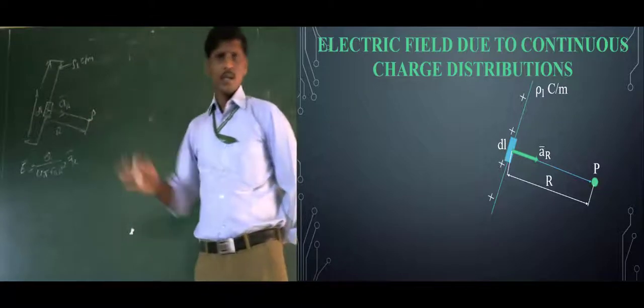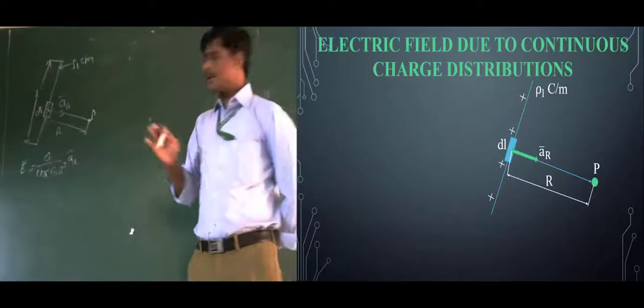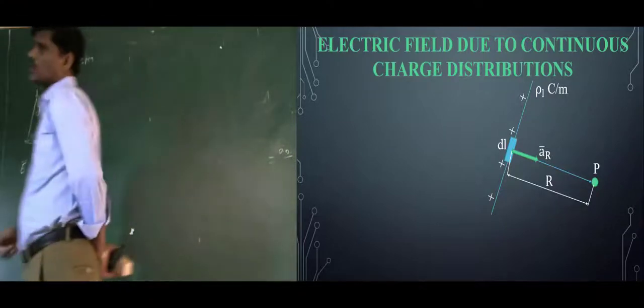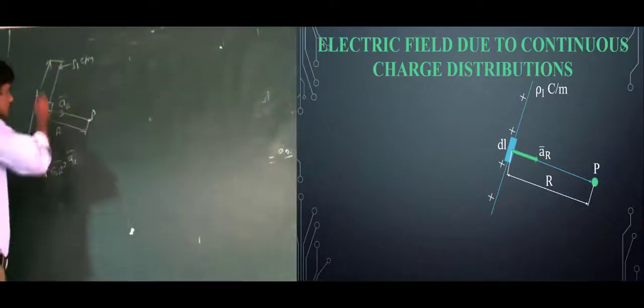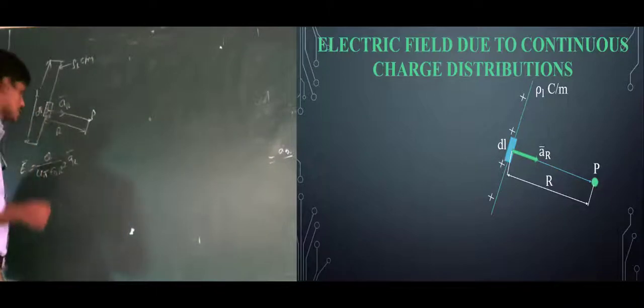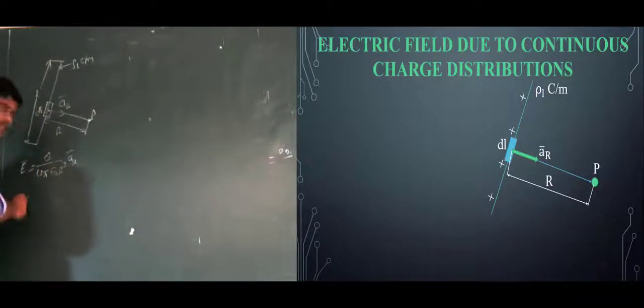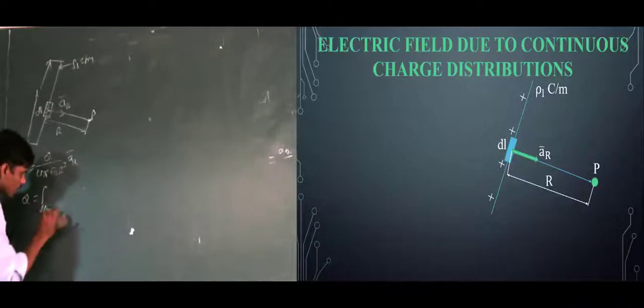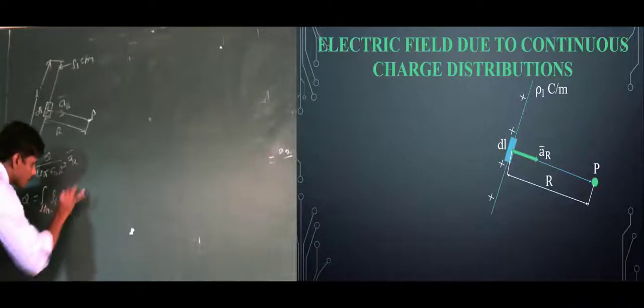Now here we want to calculate the electric field intensity due to a line charge distribution. What is the total charge due to the line charge distribution? Q is equal to the line integral of rho L into dl.